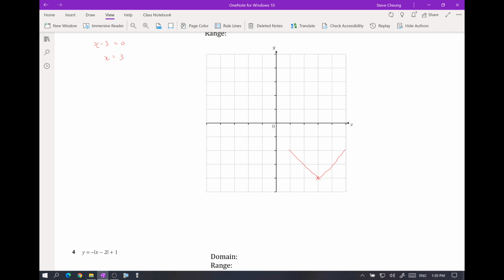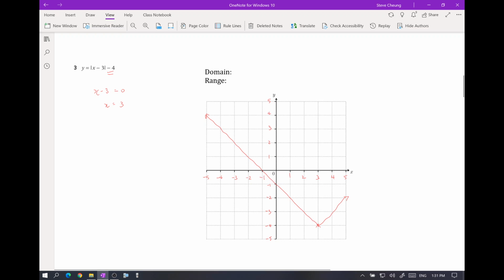So it might look like this. Still 1-to-1 scale. So what is the domain? All real numbers. And the range will be anything greater than or equal to minus 4.